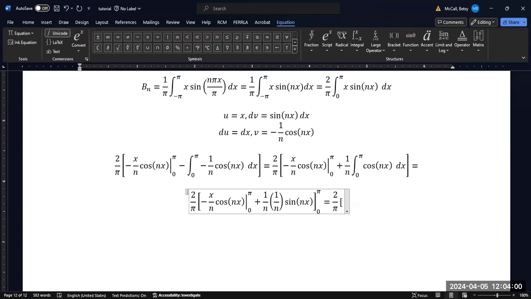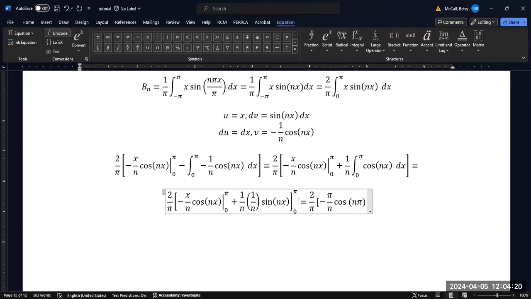Now if I plug in pi for x, I get negative pi over n times cosine of n pi, and then I'm going to subtract, which means minus minus 0, because it's 0 over n times cosine of, okay, I'm plugging in 0. So that's going to kill that one.